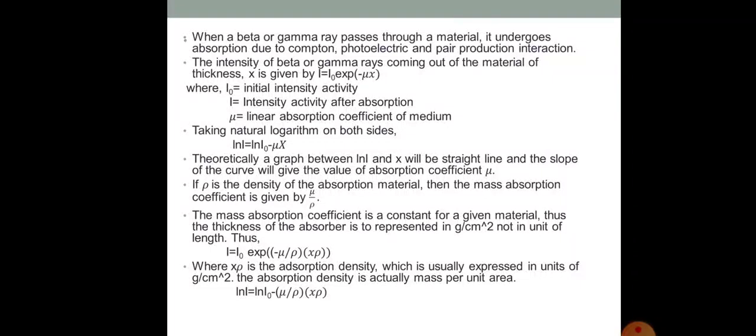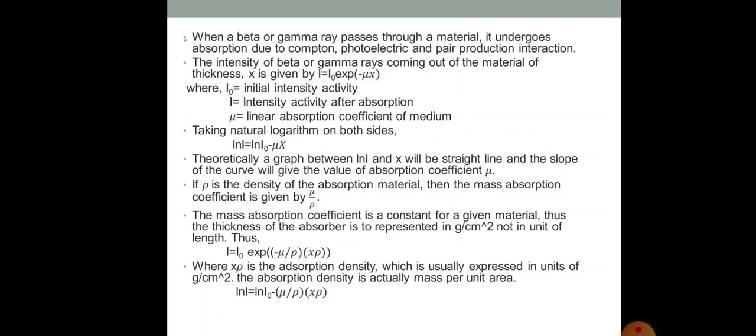When a beta or gamma ray passes through a material, it undergoes absorption due to Compton, photoelectric and pair production interactions. The intensity is represented as I equals I0 exponential minus mu x, where x is the thickness of the material, I0 is the initial intensity, I is the intensity after absorption, and mu is the linear absorption coefficient of the medium.